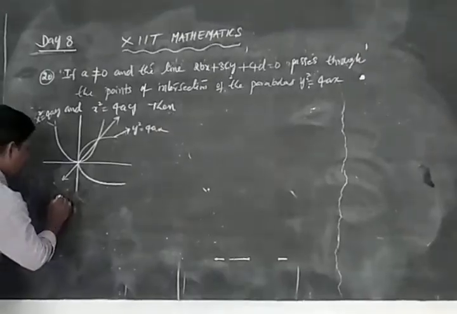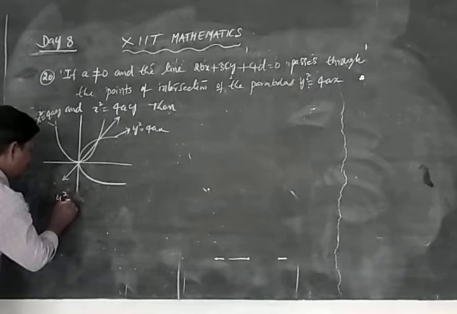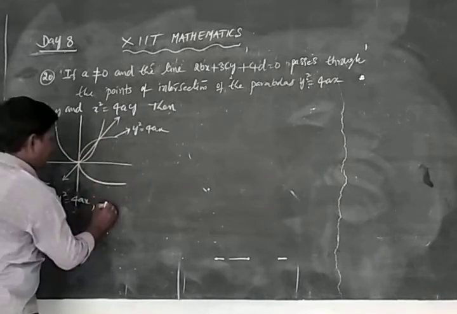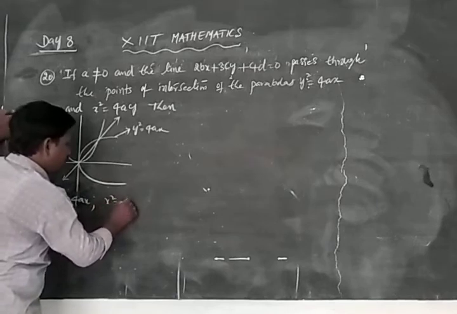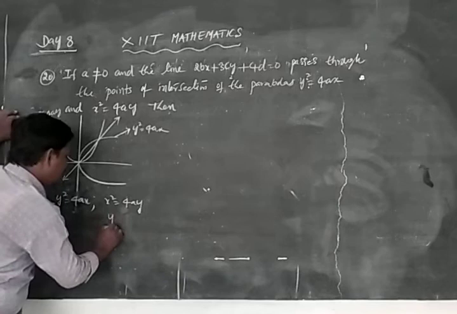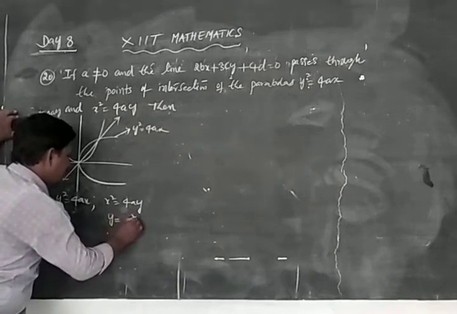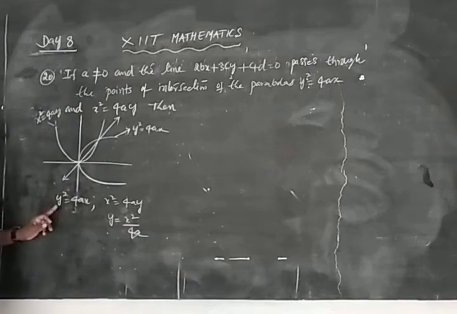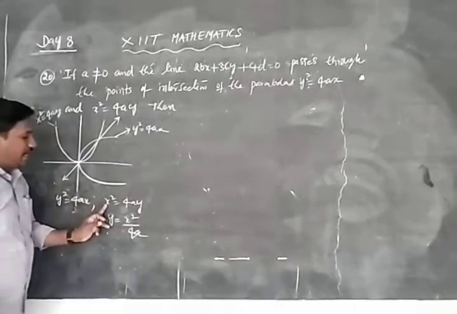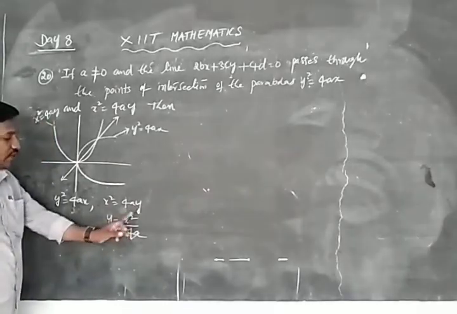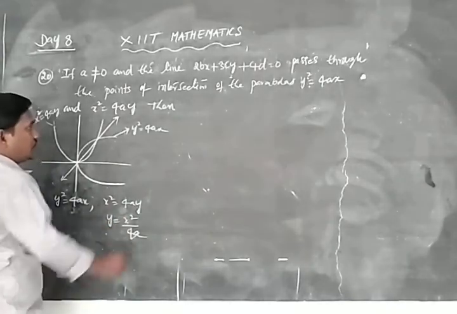Now y square equal to 4ax and x square equal to 4ay. Then y equal to x square by 4a. Now substitute.